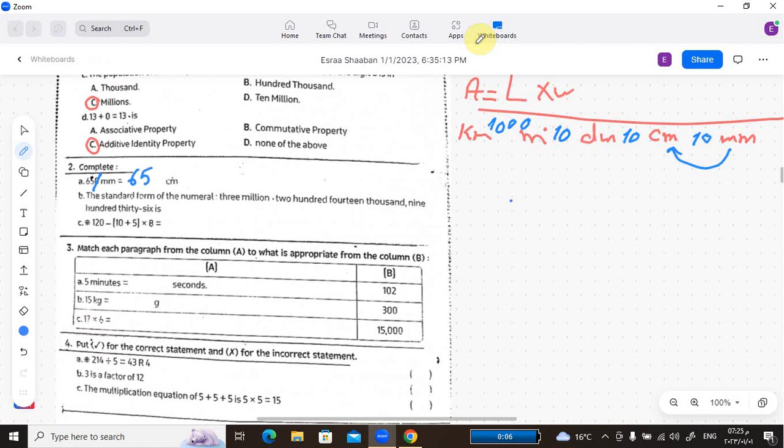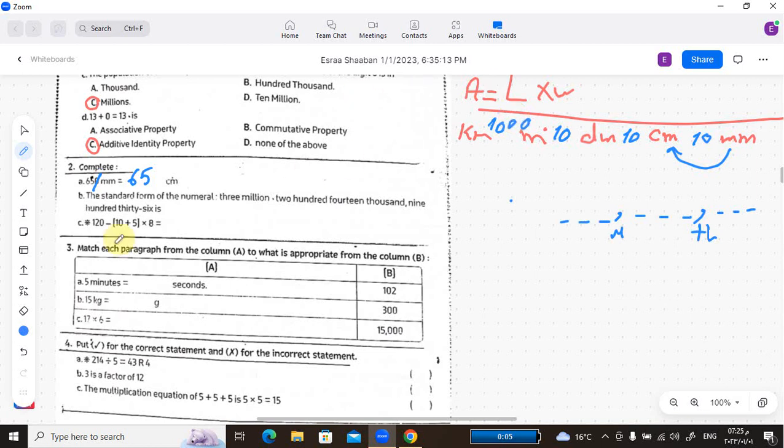Letter B. The standard form of the numeral 3,214,936. When I have numbers, we have to put commas. The biggest family is in million. 1, 2, 3, comma thousand. 1, 2, 3, comma million. 1, 2, 3.